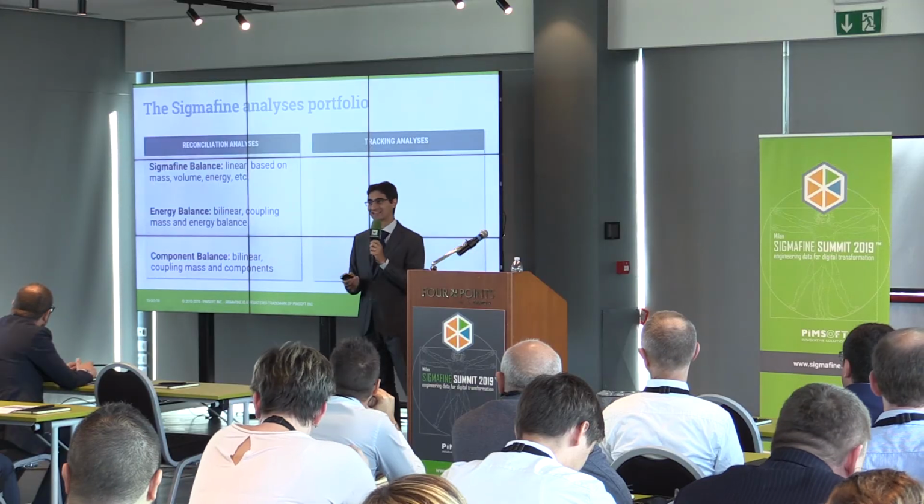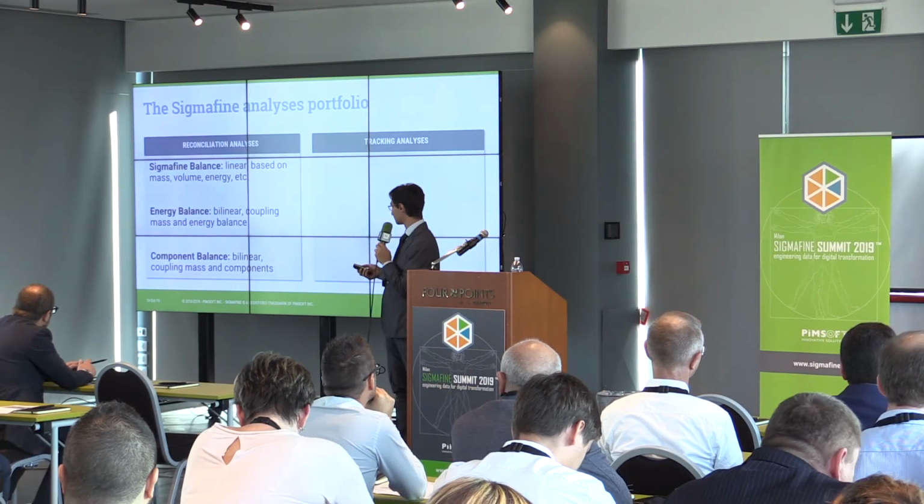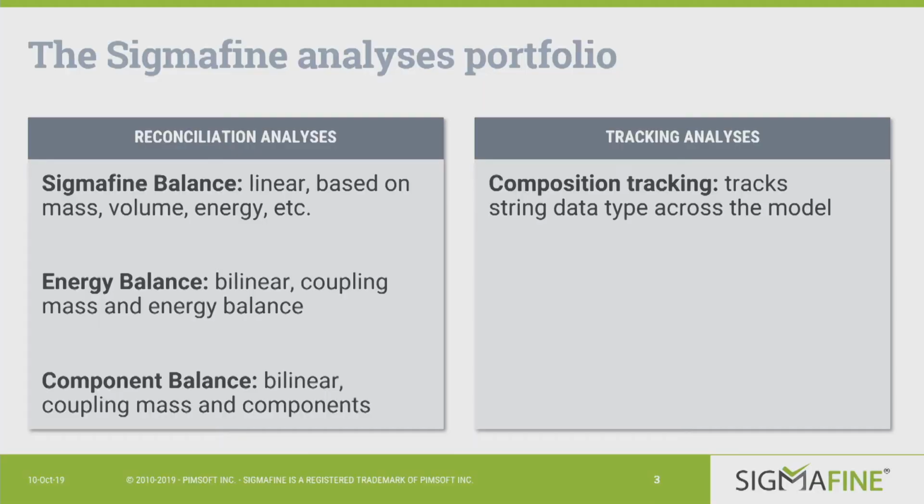So the other class of analysis are the tracking algorithms, as I was introducing. So composition tracking, so how to follow the material that are moving in your plant from receipts downwards to the final products.